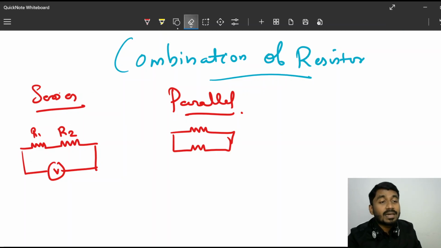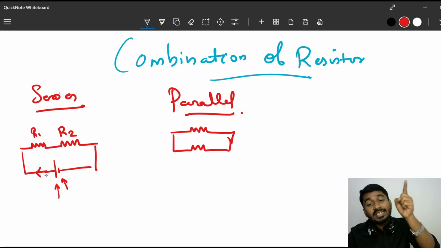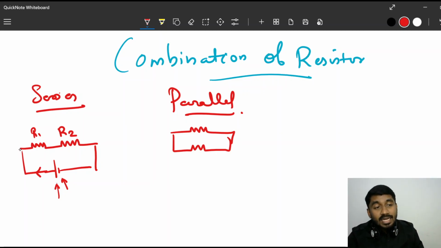For example, I am connecting it to a battery, plus and minus. The bigger line is plus, the lower is minus. So current will flow from positive to negative. Current always flows from higher potential to lower potential. Current is coming here and here.